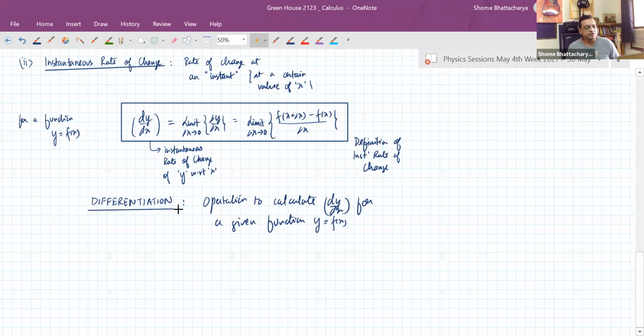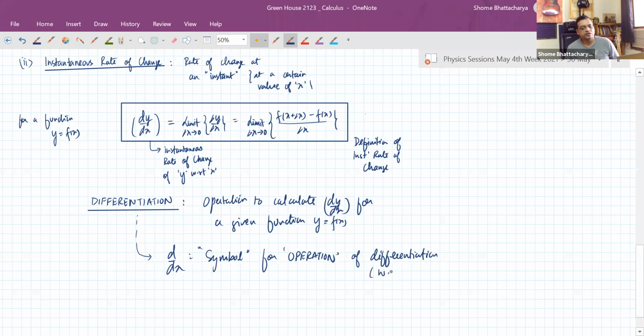So this is what differentiation does. It's an operation. So the differentiation operator has this symbol. This is the symbol for the operation of differentiation with respect to x.